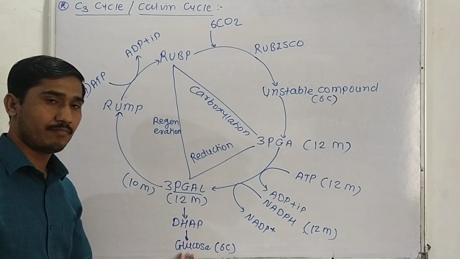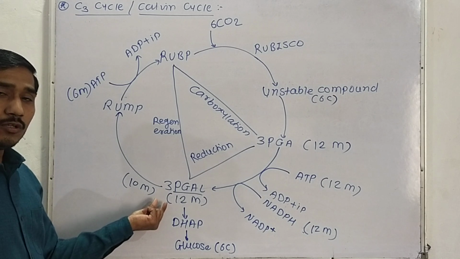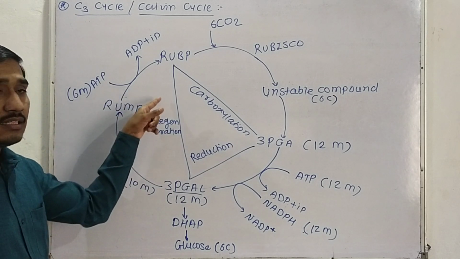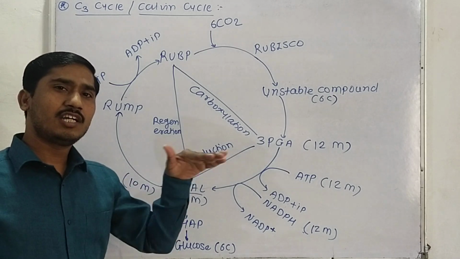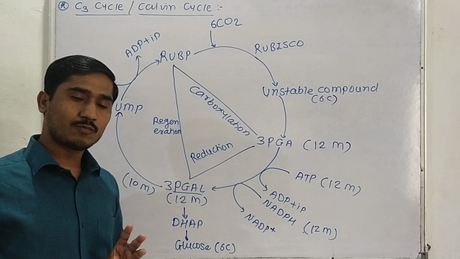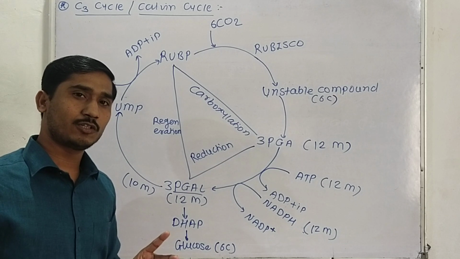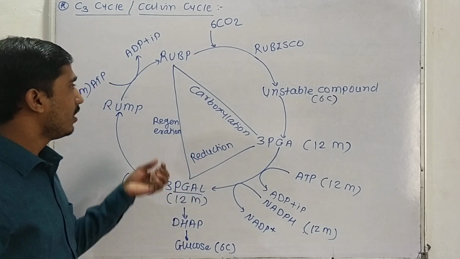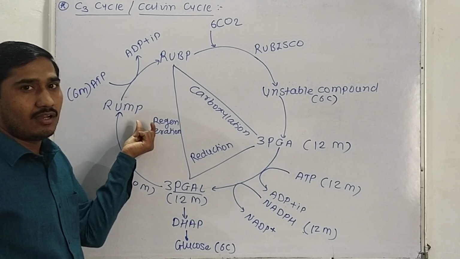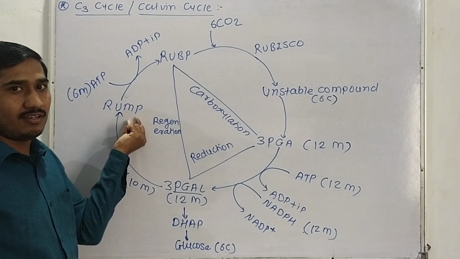So when 10 molecules of PGAL are regenerated into RuBP, there is a formation of several intermediate products like xylulose 5-phosphate, erythrose 4-phosphate, ribulose 5-phosphate, pseudoheptulose 7-phosphate, then RuMP. Why did I mention this RuMP here?